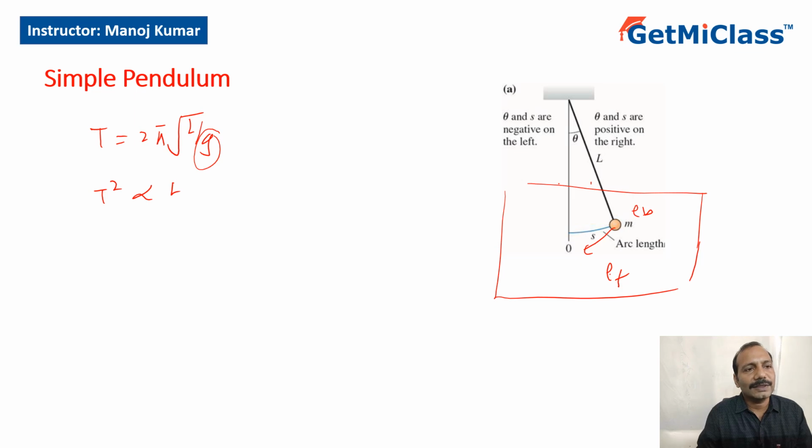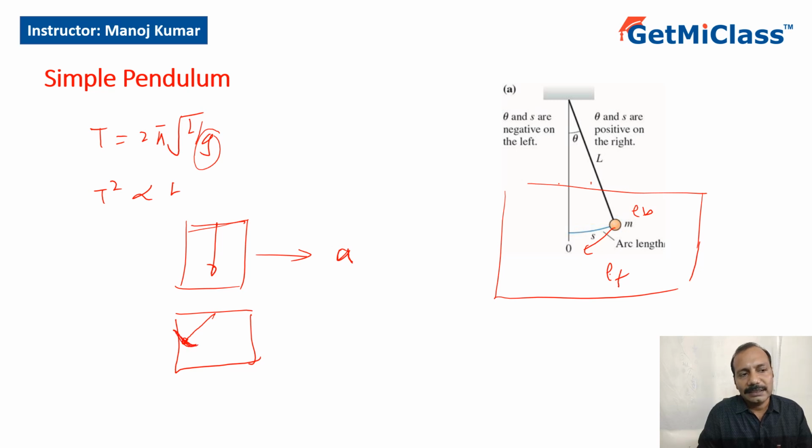Now other situations that we have: I have a simple pendulum which is hanged in a vehicle which is moving with an acceleration a. Now if this simple pendulum is hanged in a vehicle moving with acceleration a, then what will happen? The equilibrium position will be shifted. Now if I disturb this pendulum, it will only oscillate in this part. In that case, what is the net force acting in this direction?